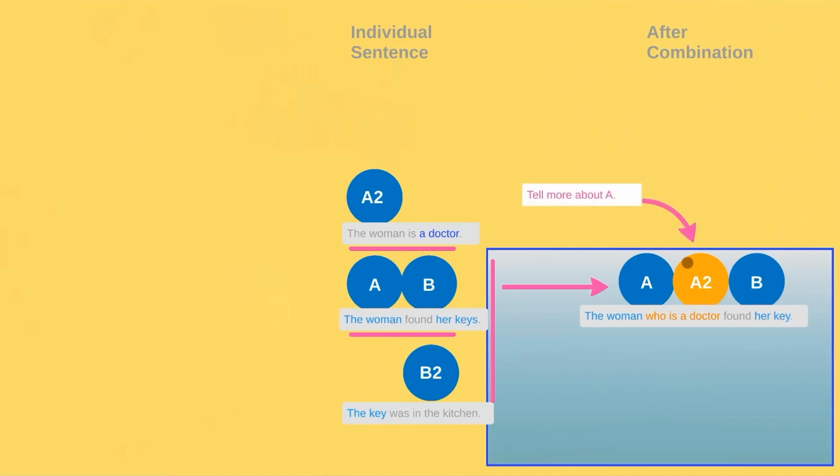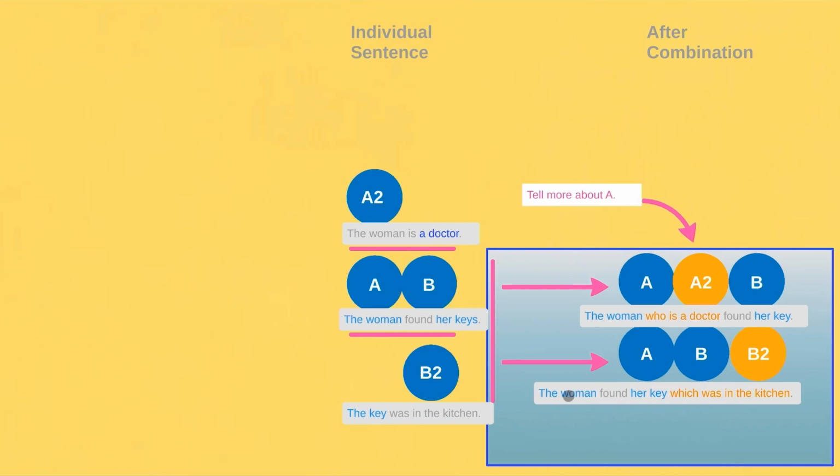And A2 tells more about A. The woman is a doctor, telling you more about which woman I'm talking about. If I combine A1 and B2, it becomes the woman found her key, which was in the kitchen. So B2, the key was in the kitchen, tells you more about B. This is what we learned in the previous unit.